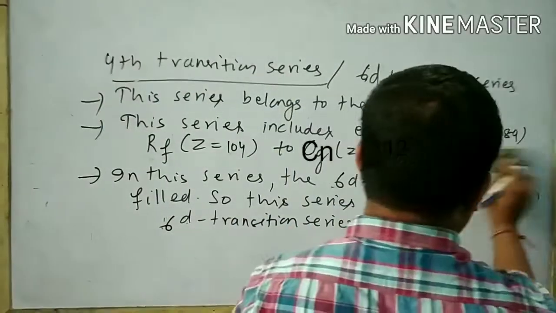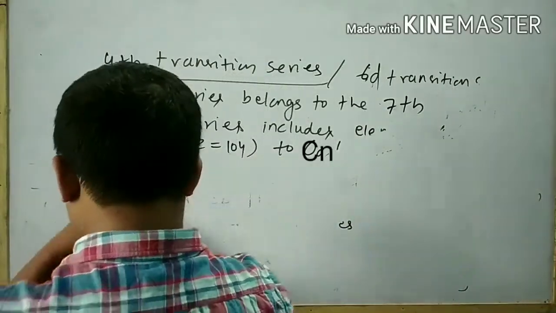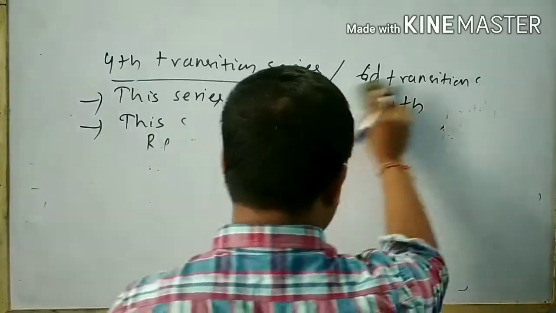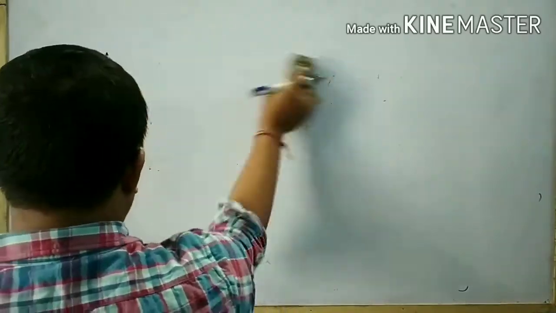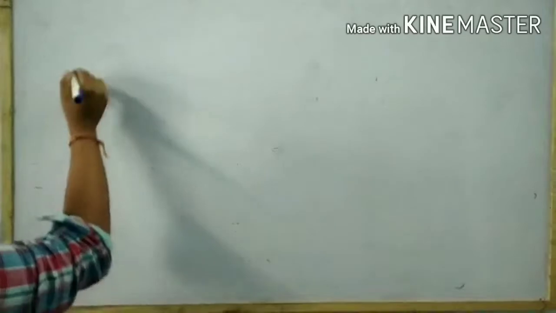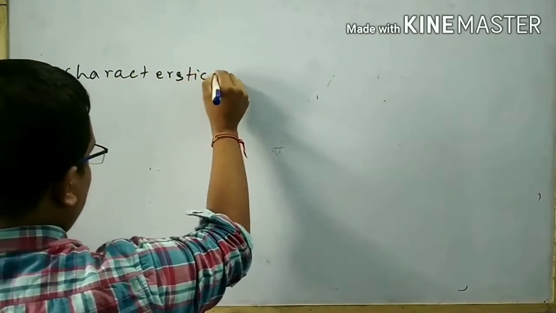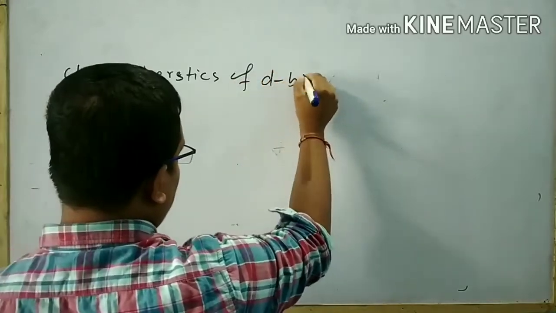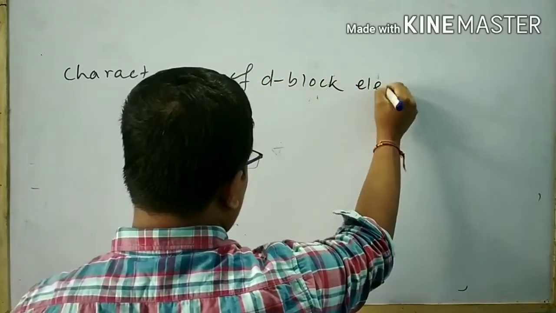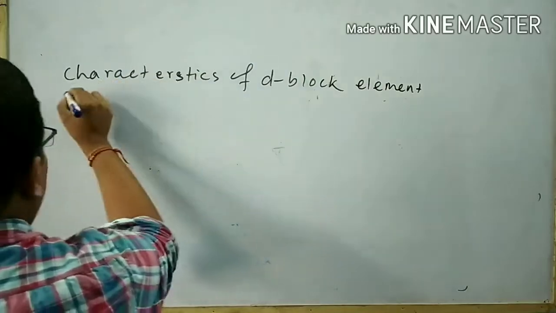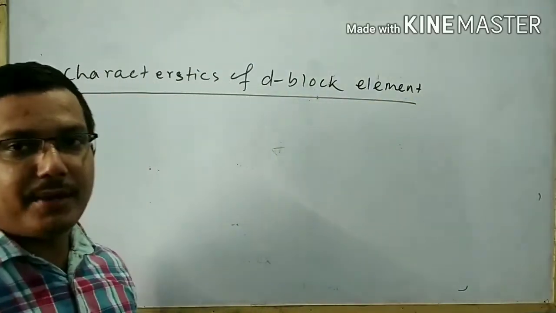Now I will explain the characteristics of d block elements. D block elements are called heavy metals.